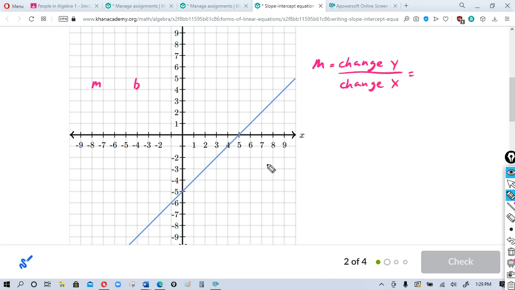So pick 2 points. I say the easiest points are the ones that cross the x and the y axis. So right there and right there would work.